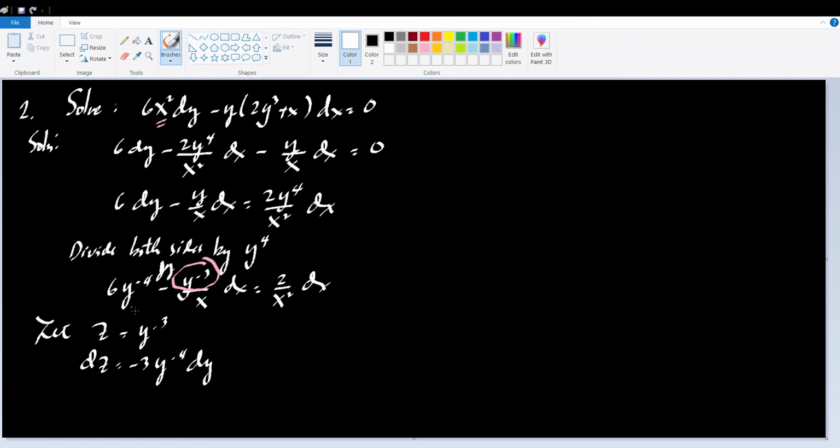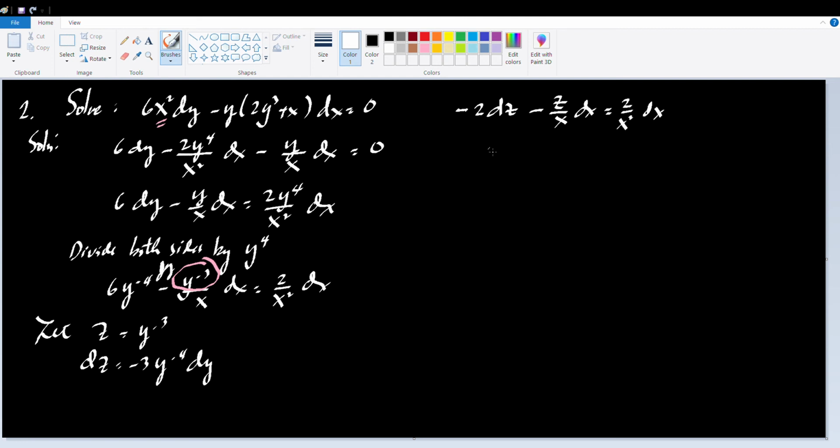So y to the negative 4 dy is dz over negative 3, or that would be negative 2 dz minus z over x dx equal to 2 over x squared dx.